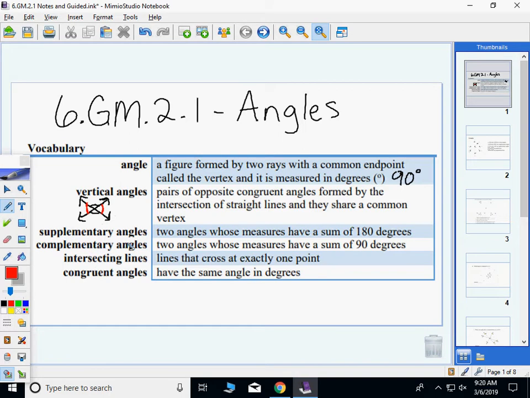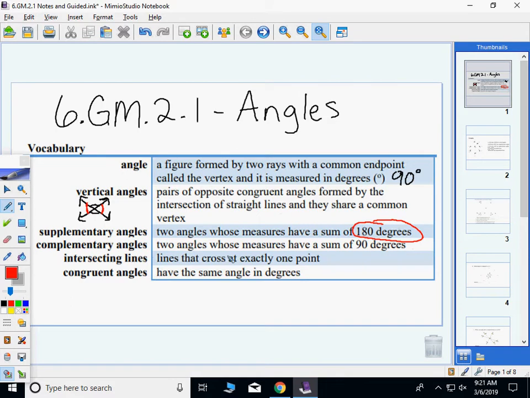All right, supplementary angles. Those are two angles whose measure have a sum of 180 degrees. So that is the main thing to remember with supplementary angles. Whenever you see angles that they say, what is the supplementary angle to, whatever the example was, you're going to know that together they make 180 degrees.